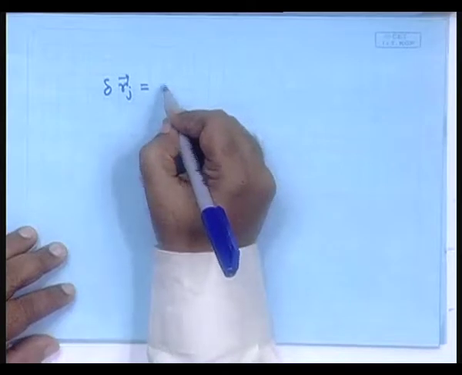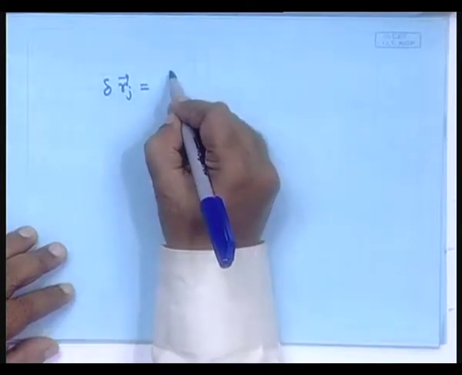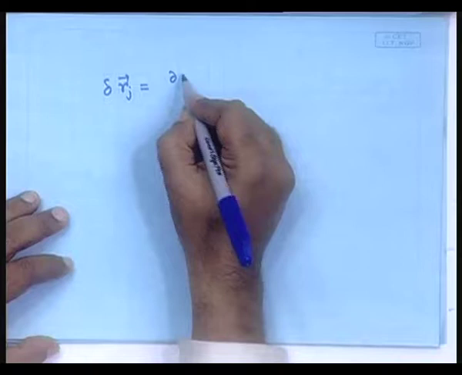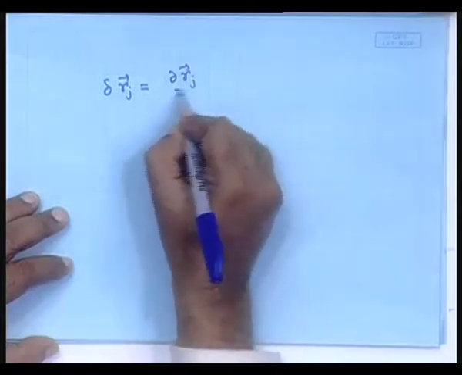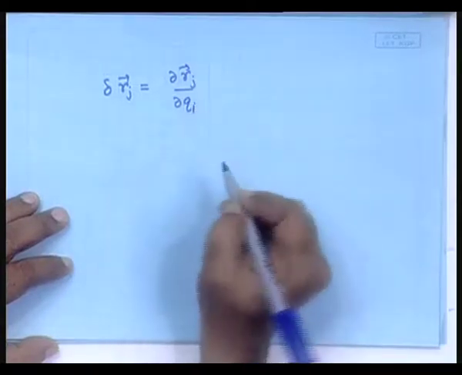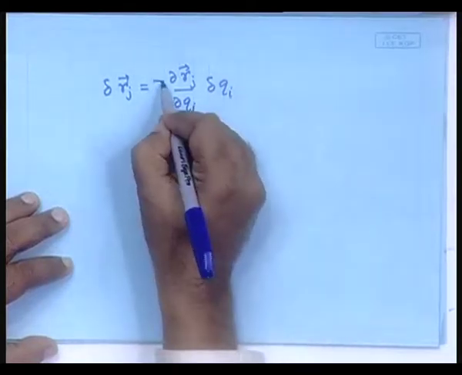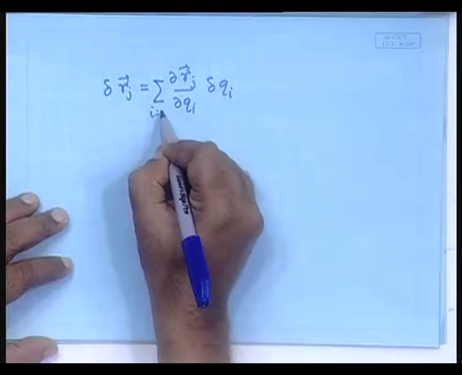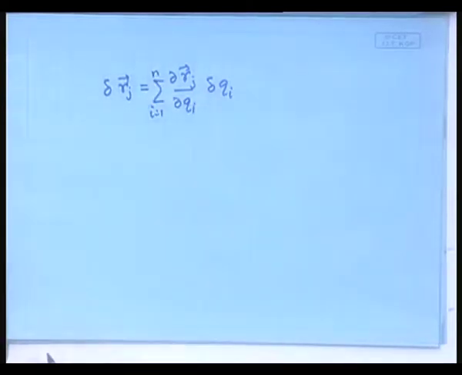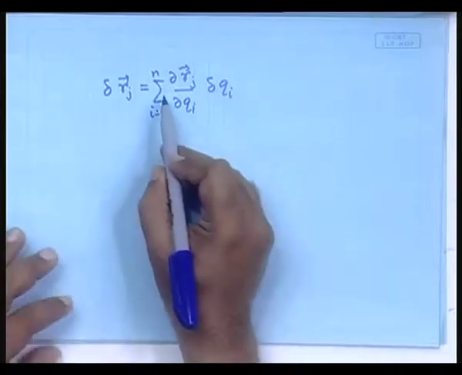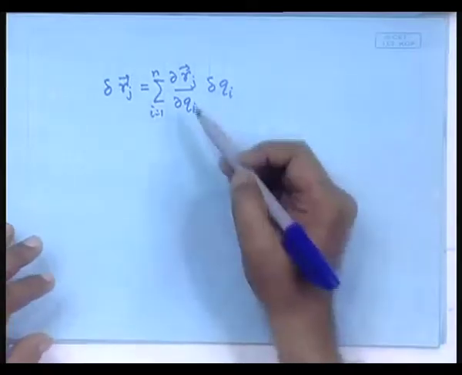We will say that this is delta r j del q I times delta q I summed over I is equal to 1 to n, right. I am not writing the broken up form, because that will be the same.